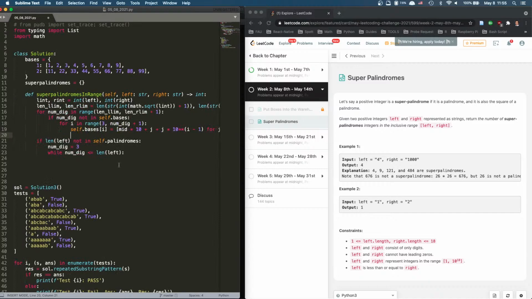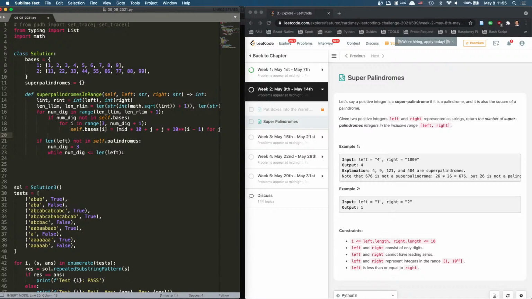So this is from 3 to num digits. So for num digit in range this, if num digit is not in self.basis, we create num digit. After we create it, it's in self.basis.